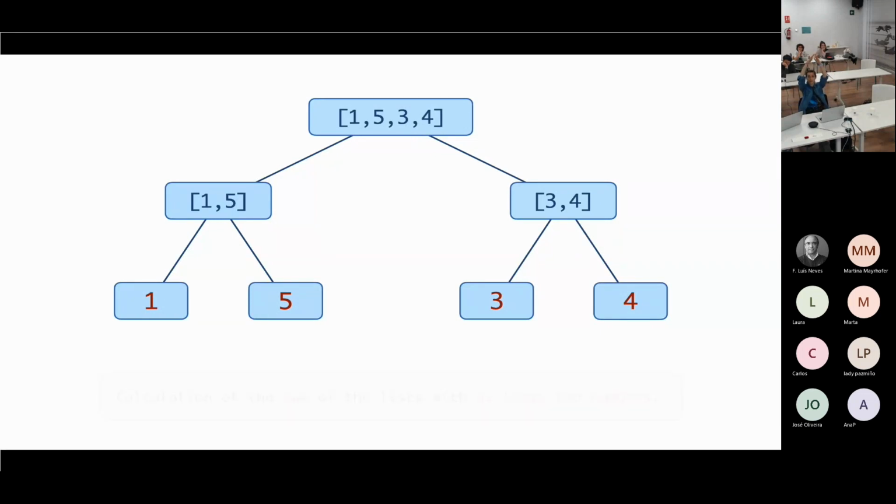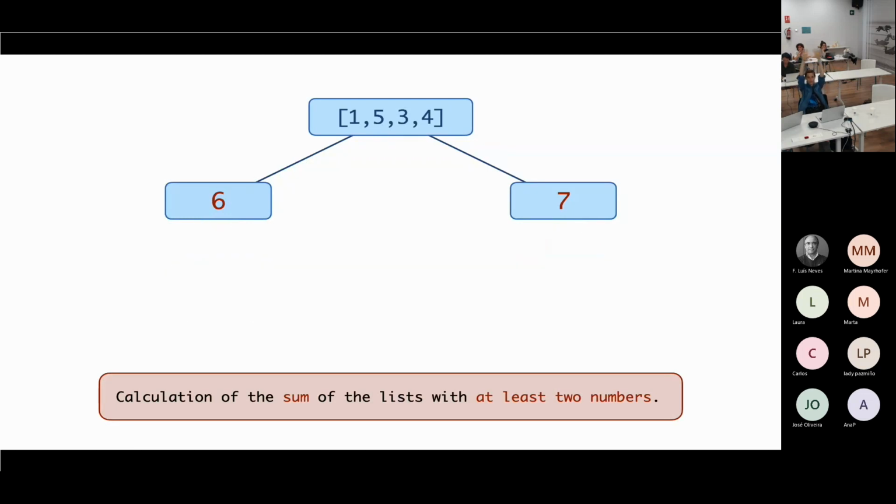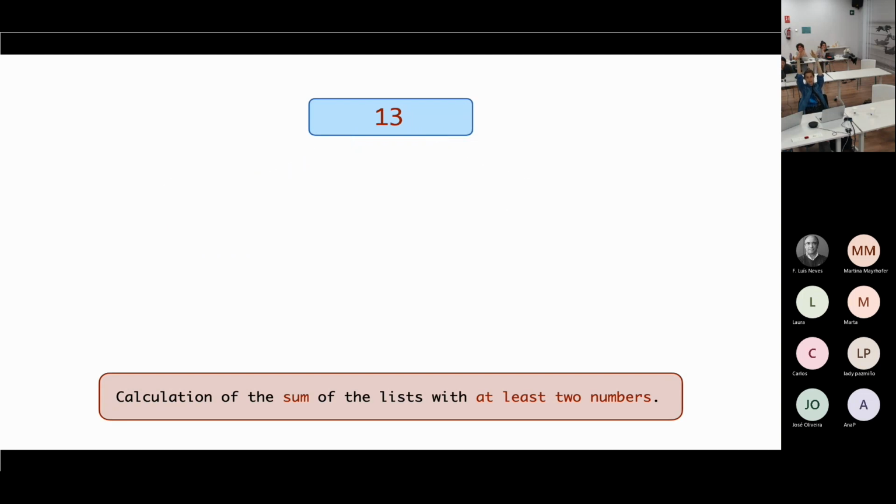Then we compute the sums of the other ones by adding the results that we have below. So we have 1 and 5 there, and we get 6. And for the other one, we add 6 and 7, and we get 13. And that is going to be the output.